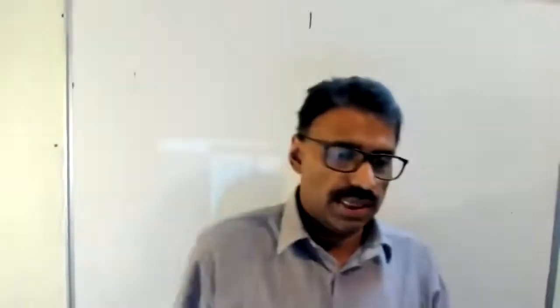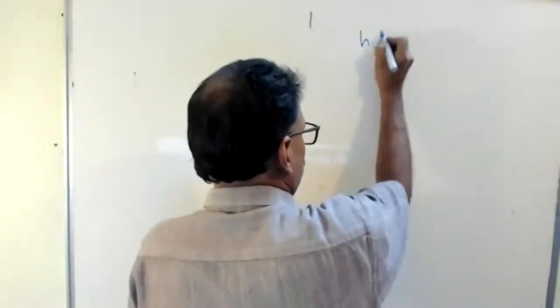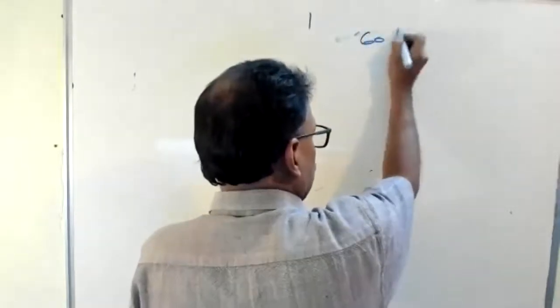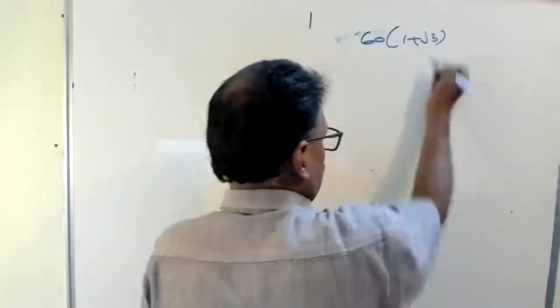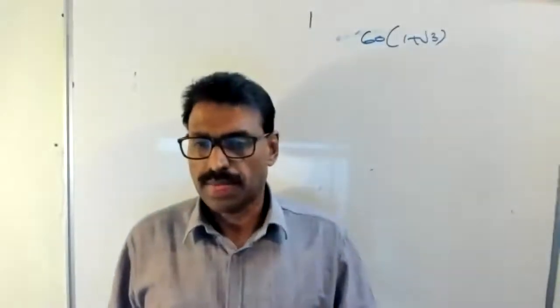Show that the height of the opposite house is 60 into 1 plus root 3 meter.